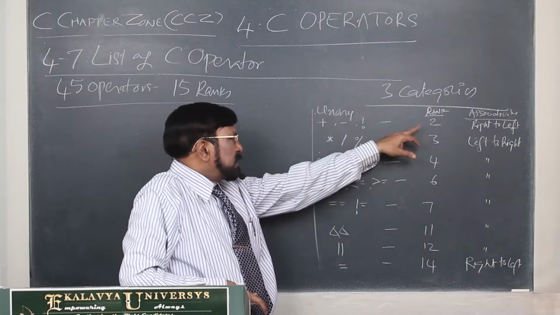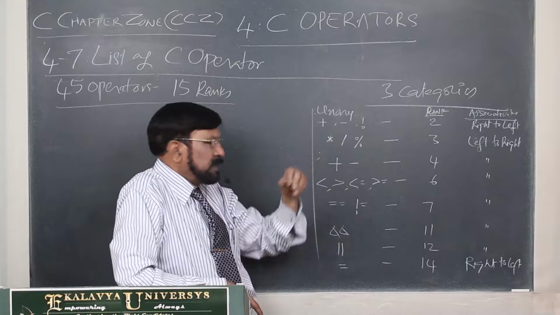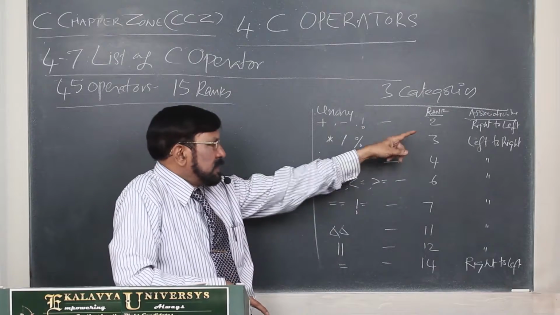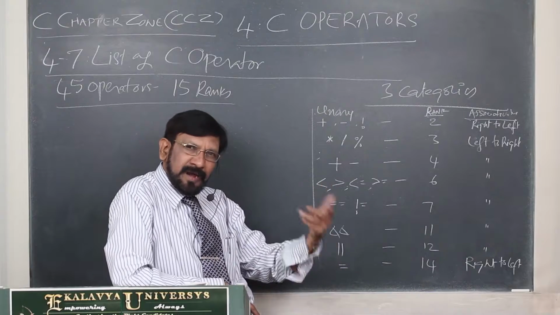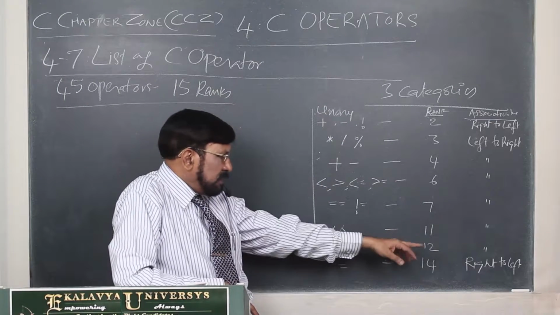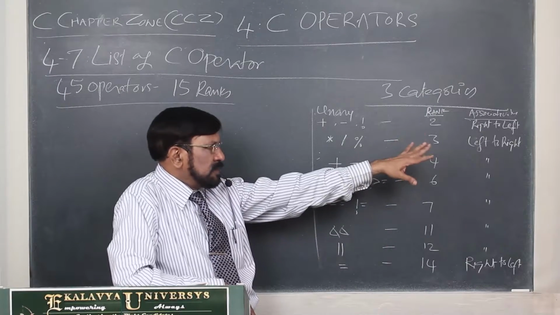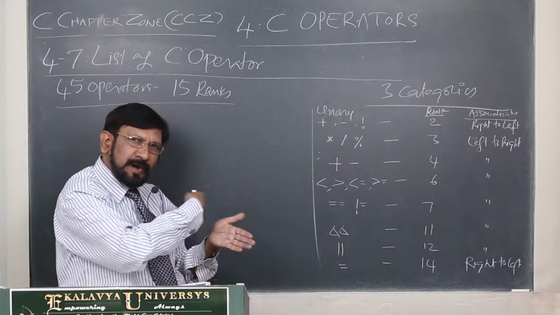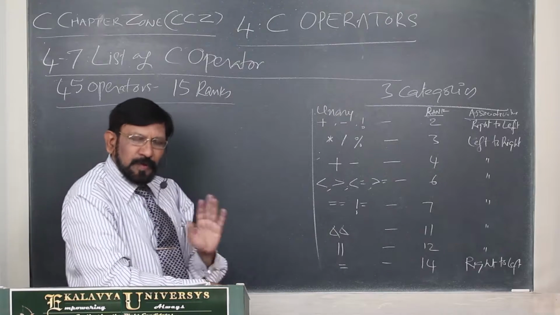For a few operators like unary plus, unary minus, and unary logical not, it is right to left. For the assignment operator, and another 10 operators besides assignment, it is also right to left. All the remaining operators associate left to right. Left to right means in order of occurrence. Remember that point, and go through the table.